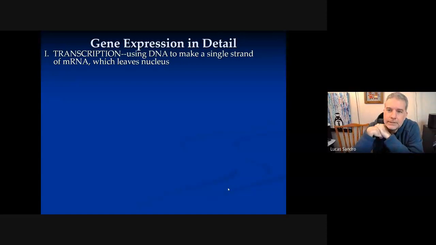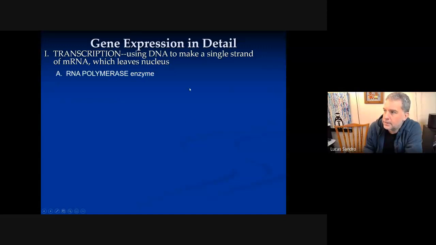That at least is simpler in transcription because we only have one enzyme working. The enzyme in transcription that does both of those jobs is RNA polymerase. Not to be confused with DNA polymerase, which was the one that did one of the two jobs in replication. RNA polymerase does both jobs.